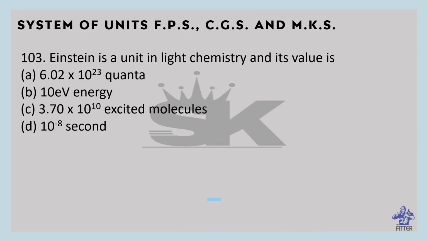Einstein is a unit in photochemistry and its value is... Einstein is defined as 1 mole of photons. 1 mole of energy equals 6.02 into 10 to the power of 23 quanta.